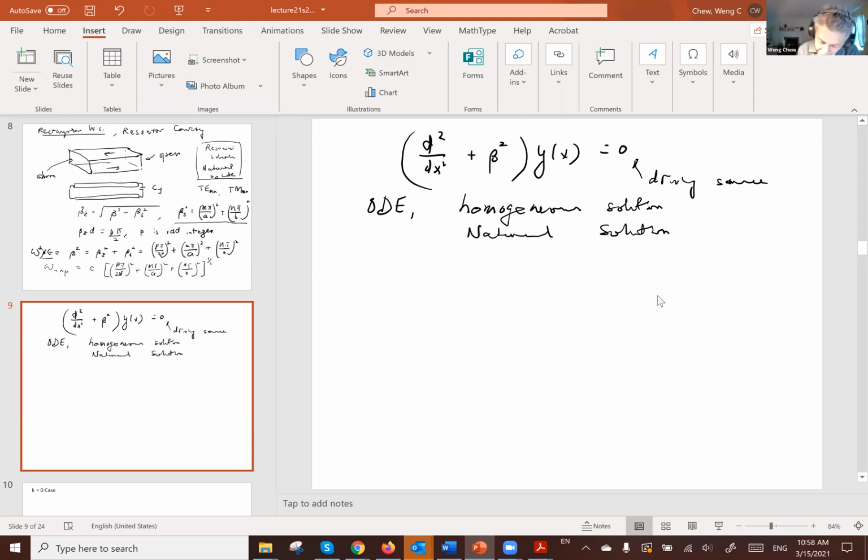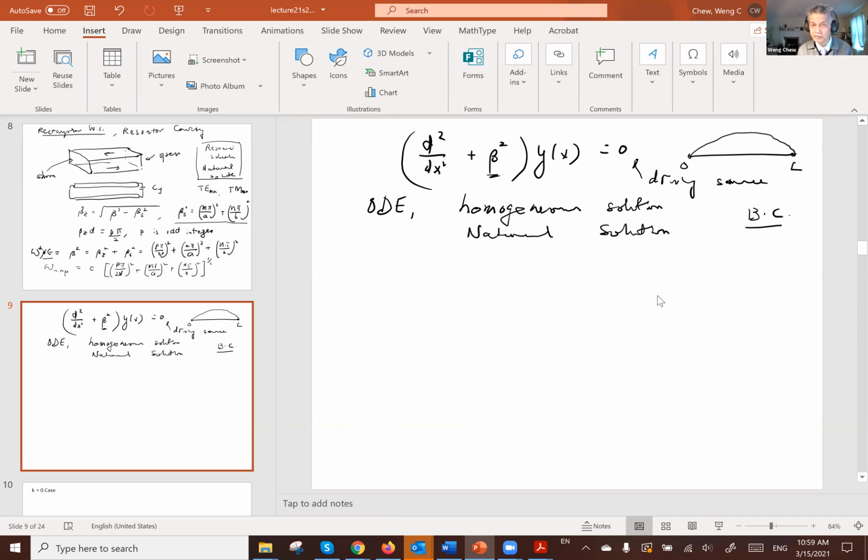And if you solve this as a boundary value problem where you require the field to be 0 at the two ends, and these are the boundary conditions, you will find that this problem has only a non-trivial solution, or a natural solution, or homogeneous solution, for certain selected values of beta.